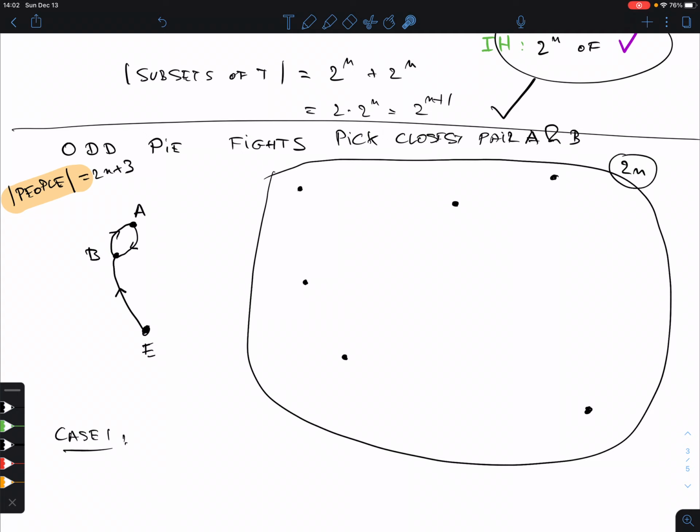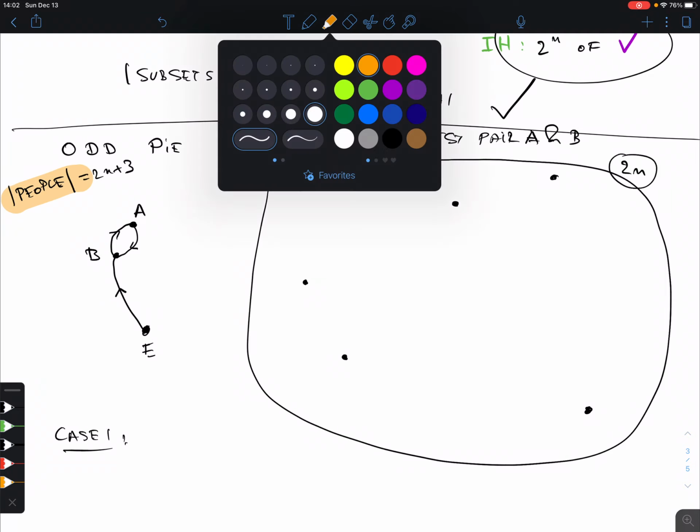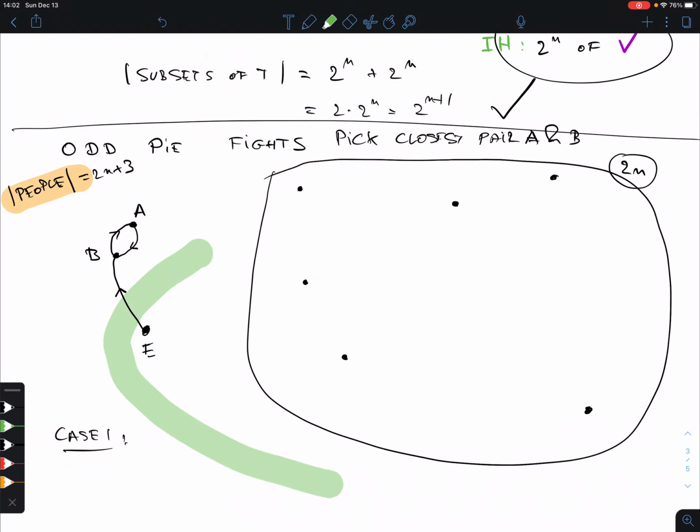These 3 people have thrown their pie. So how many pies are still flying in the air, so to speak, without us knowing where they land? 2n of them. But now I'm looking at a different set, and this is perhaps something that is strange. Let's now look at, let me perhaps make it green again, this set.